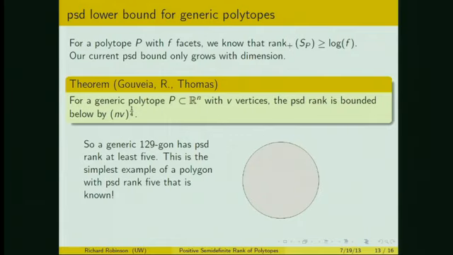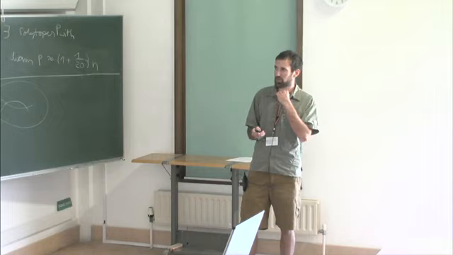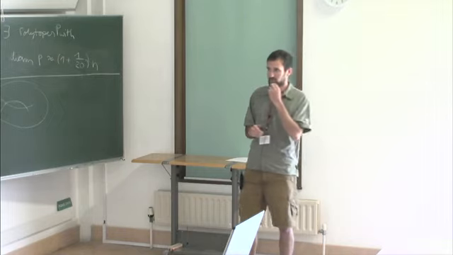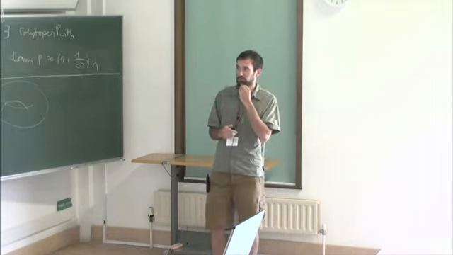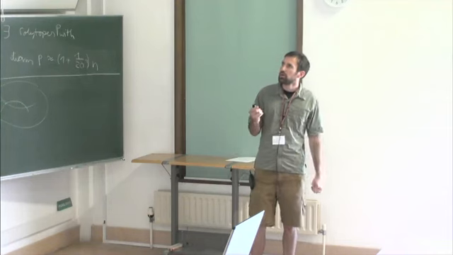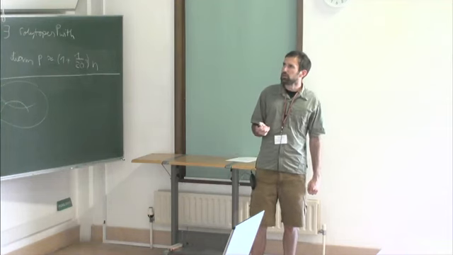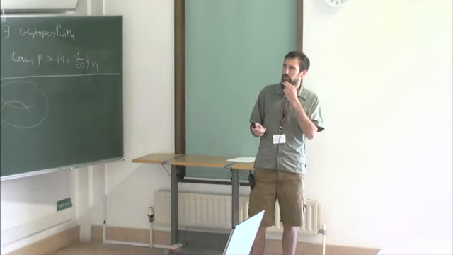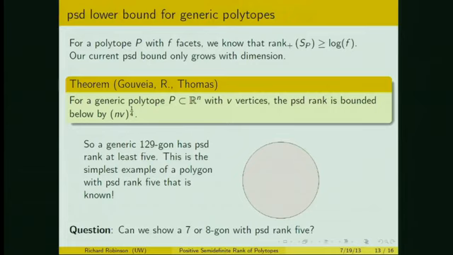So there should be a lot of room for improvement here, but thus far we haven't been able to find anything. We'd like to show a 7- or 8-gon with PSD rank 5. And I'd also mention that there are a few other lower bounds that have come up recently. I guess it's more the existence of polytopes with high PSD rank.